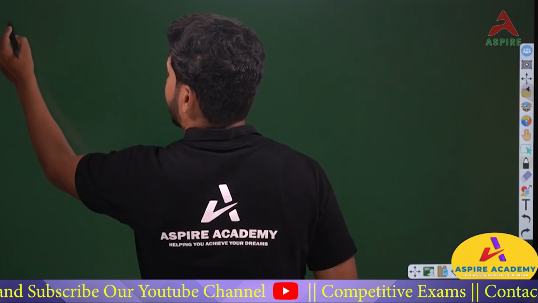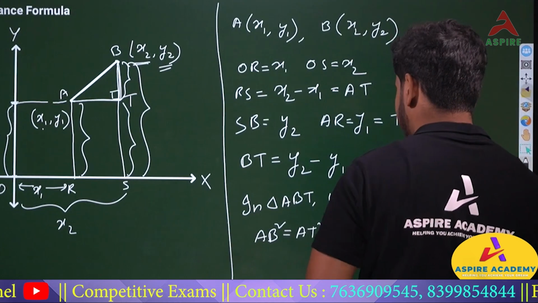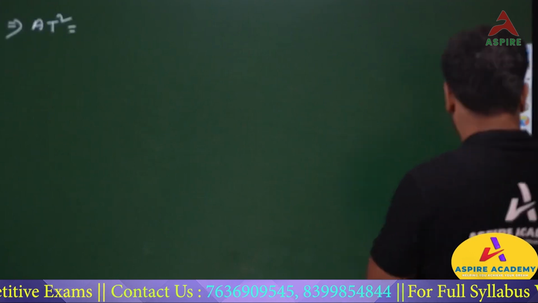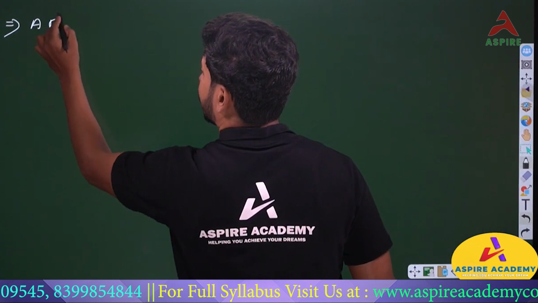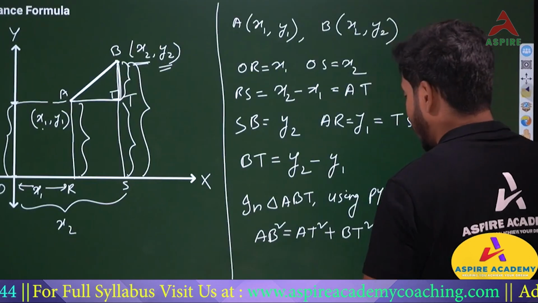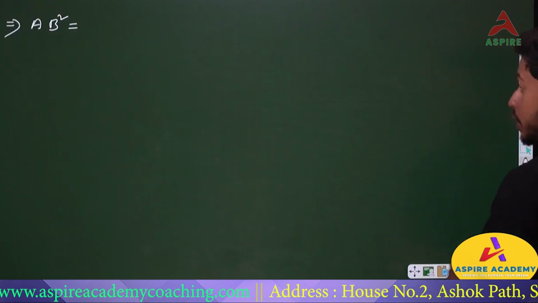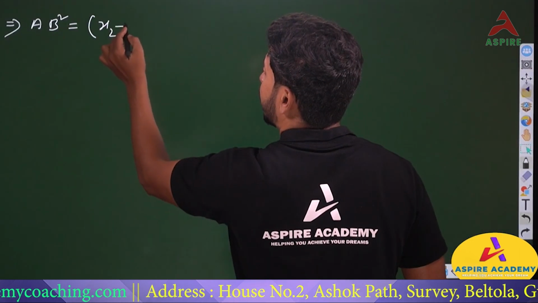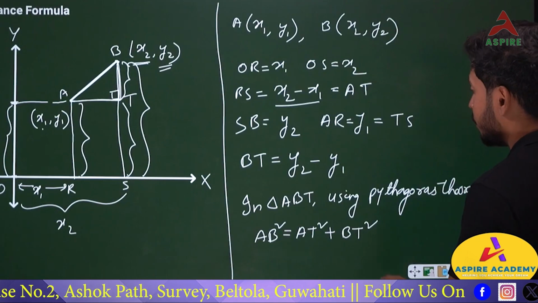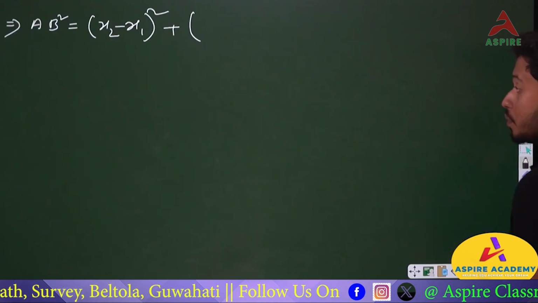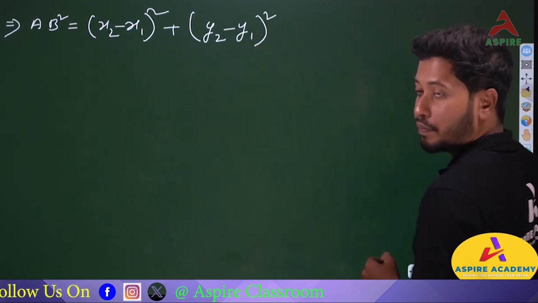So AB square equal to AT square plus BT square. So what is AT? AT is x2 minus x1. So we can say x2 minus x1 whole square plus, what is BT? BT is y2 minus y1, y2 minus y1 whole square, right?